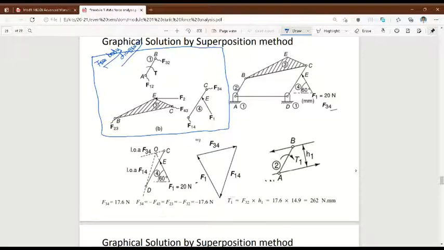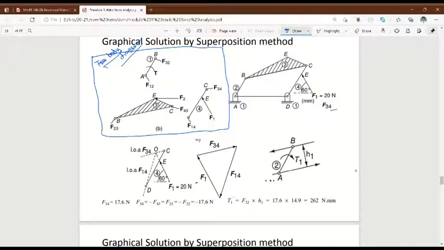The same thing should be there in the free body diagram with the same dimension and the same inclination and angle. Draw the free body diagram. I hope all of you have drawn it.